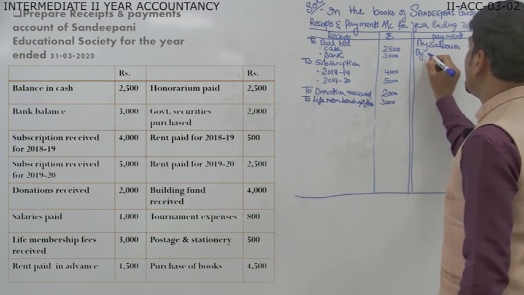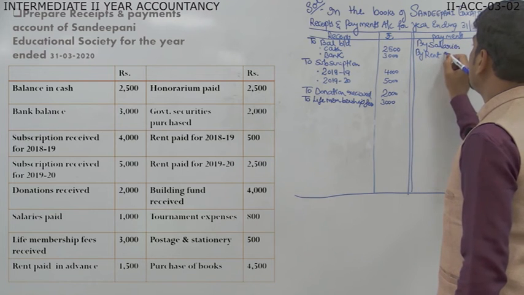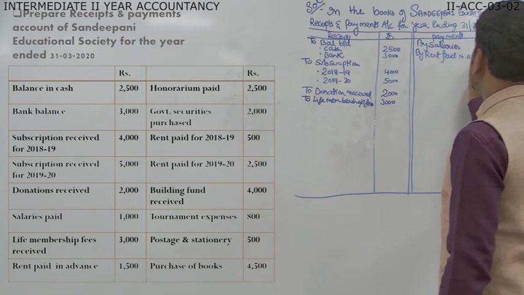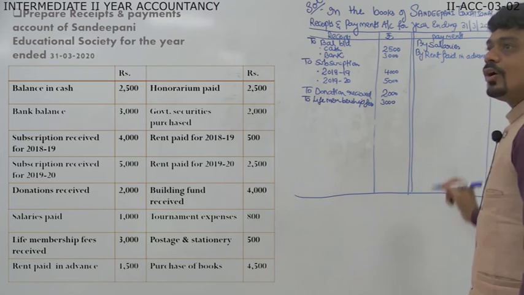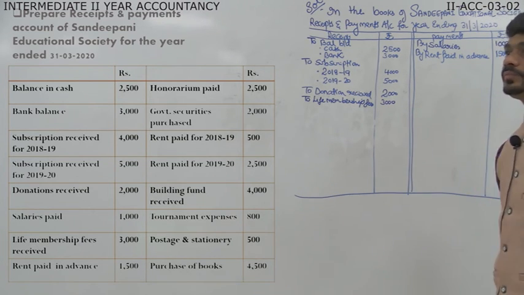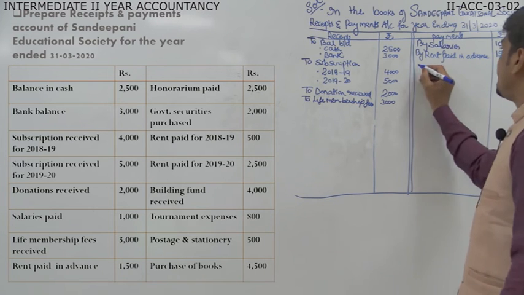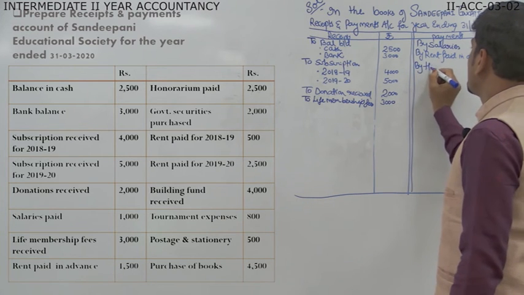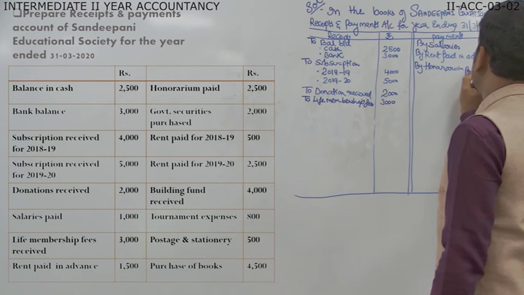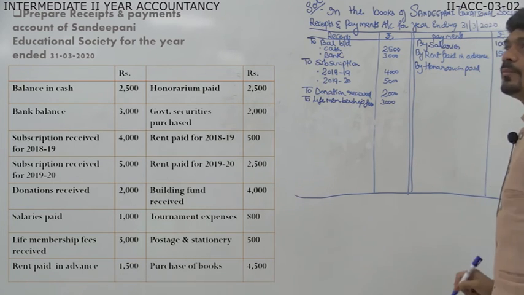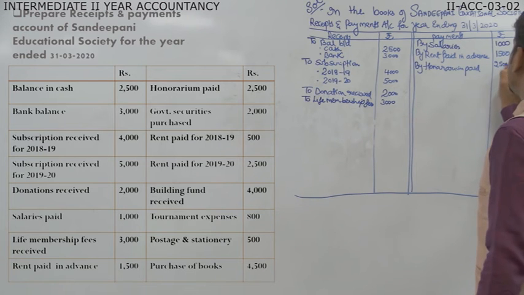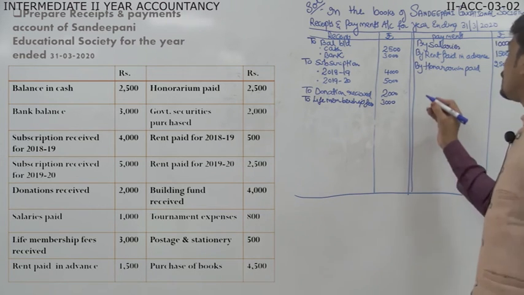So by rent paid in advance, 1,500. Then honorarium paid. By honorarium, we paid 2,500.